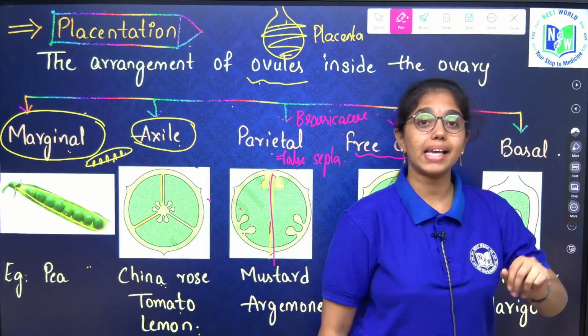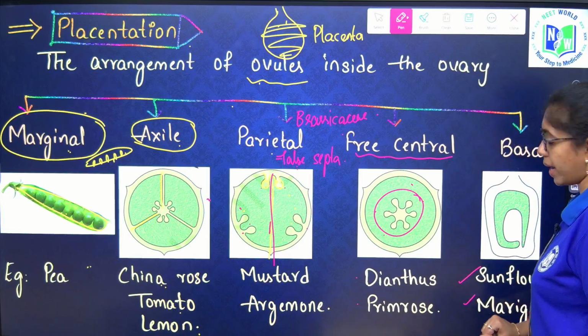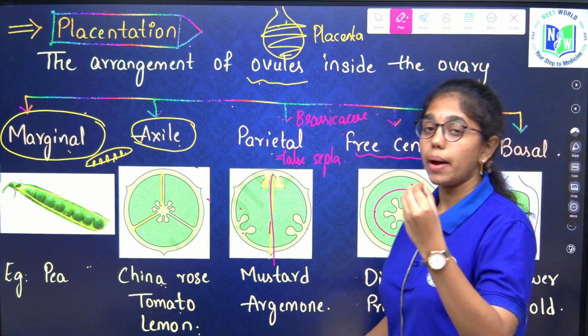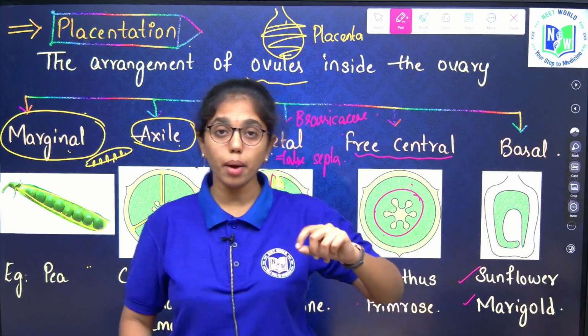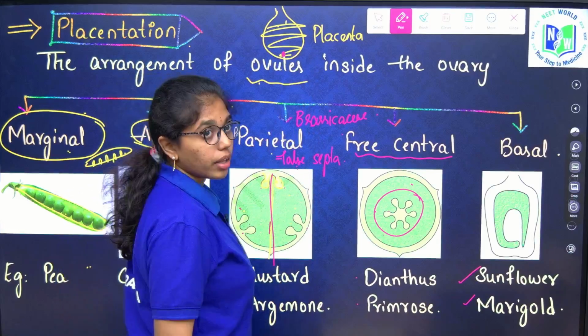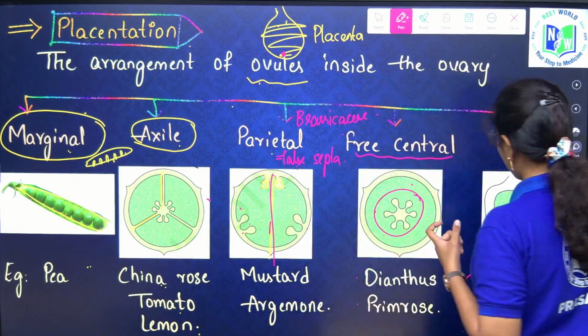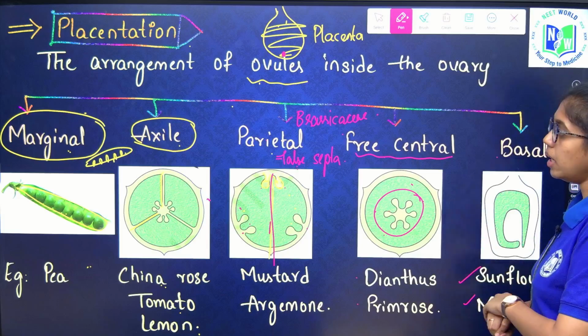Lastly, basal placentation, which you will see in sunflower and marigold. The ovule is formed at the basal part of the placenta of the ovary. That is basal placentation.